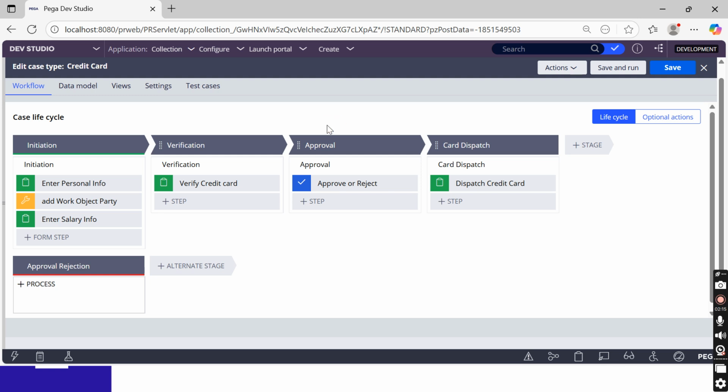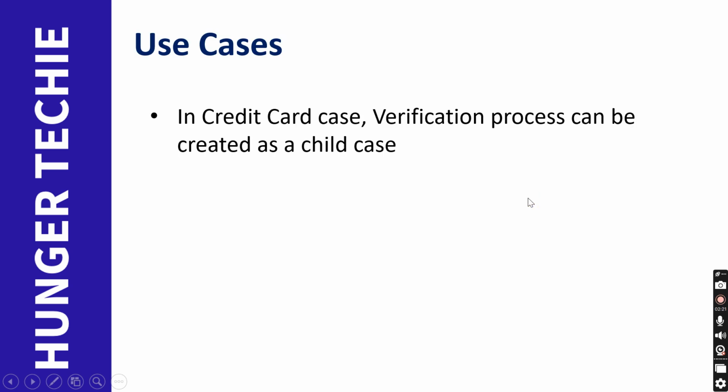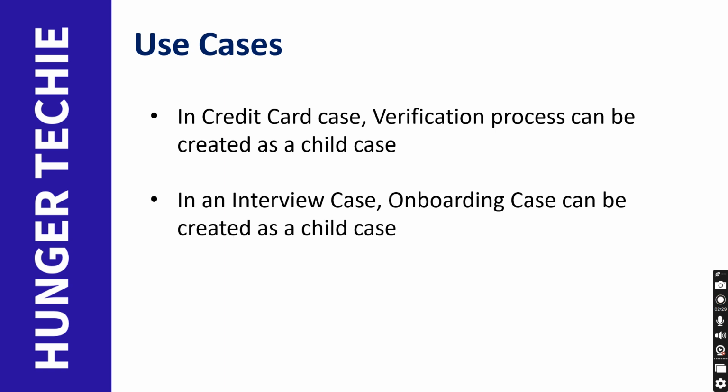Let's look at one more use case of the child case. This is one use case that we have discussed: in a credit card case, the verification process can be created as a child case. One more use case is if we take interview as an example.